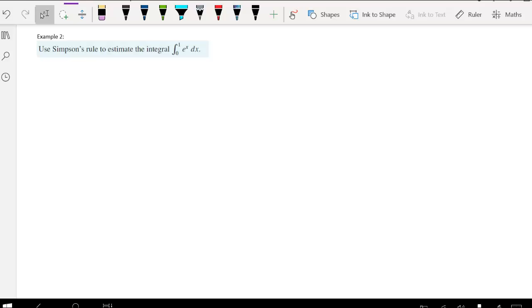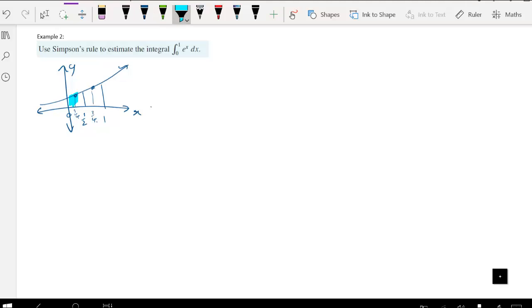So next one, we're using Simpson's rule to estimate the integral between 0 and 1 of e to the power of x. So this time I'm going to break it up into 4 sections. We're looking at an exponential, and we're looking between 0 and 1. So if we split into 2 parabolic subsections, so section 1 between 0 and 1/2, section 2 between 1/2 and 1.